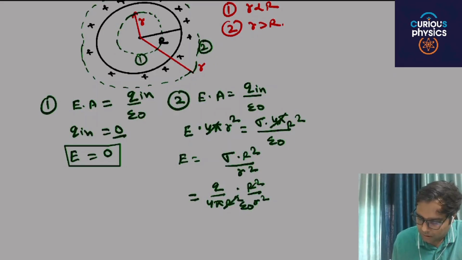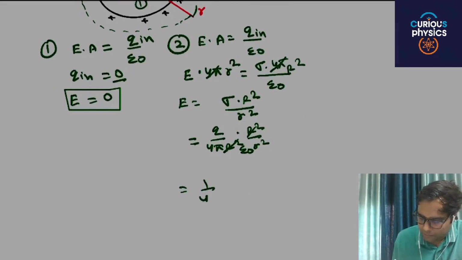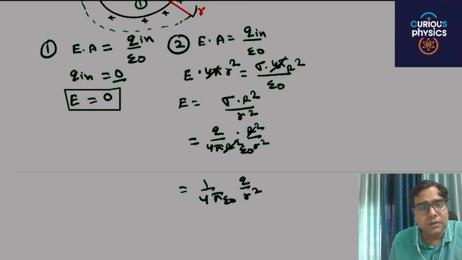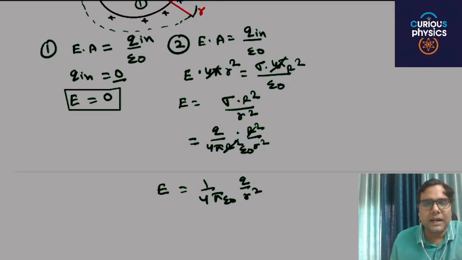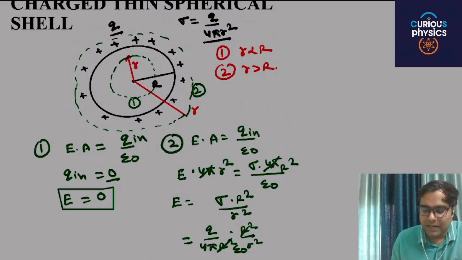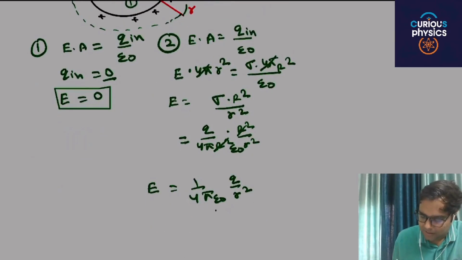R square will cut and the value will come out to be, you can write in a somewhat familiar way, 1 by 4 pi epsilon naught Q by r square, and this result is also given by Coulomb's law, electric field at a point. So outside this closed shell, this particular closed shell will behave as a point charge. That's why the result is the same as Coulomb's law.